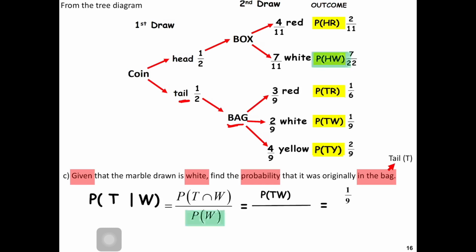The first is HW, head and then white, and the other outcome to consider is the probability TW. The value for HW is 7 over 22, plus the probability TW of 1 over 9. Calculating it, you should get a value of 22 over 85. So that's all for the tree diagram.